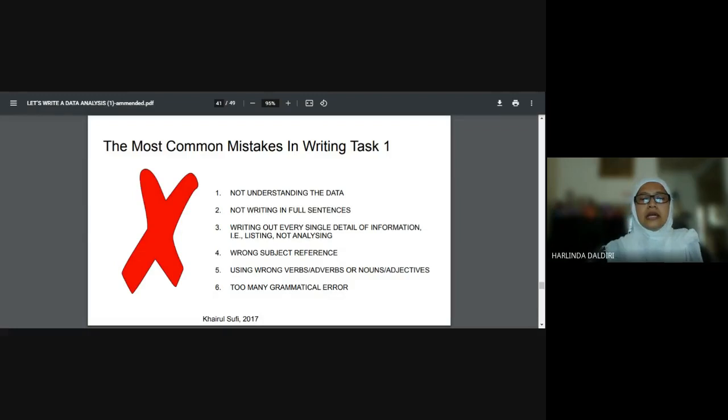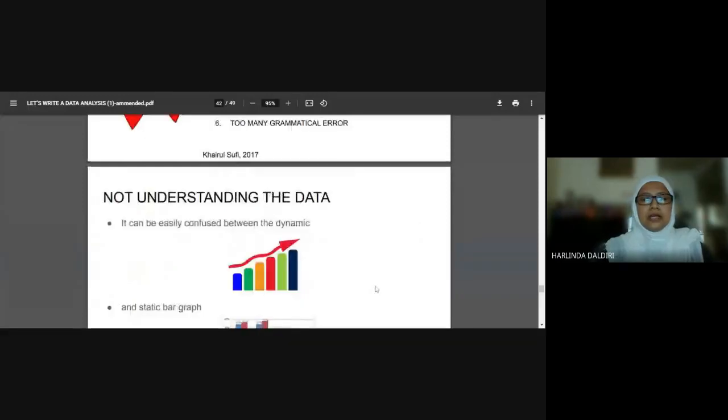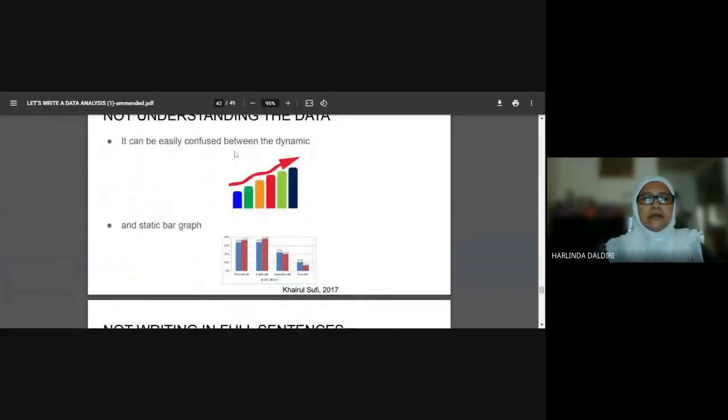Like I mentioned just now, do not give every little detail, the ups and downs for everything. Wrong subject reference. Using wrong verbs or adverbs or nouns or adjectives, just like the exercise that we did just now. Too many grammatical errors. Not understanding the data, it can be easily confused between the dynamic and the static.